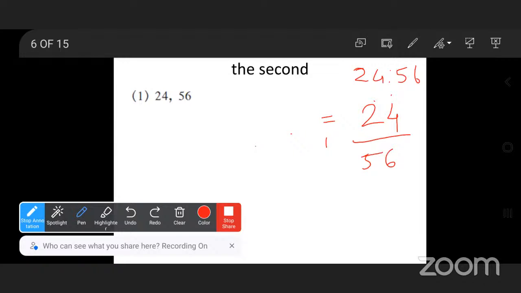Okay. So now find the ratio. Matlab, you are supposed to find the simplest ratio. Simplest means you are supposed to reduce it till the form that it should not be divisible by any other number. 24 and 56. Tell me, 24 and 56 come in which table?